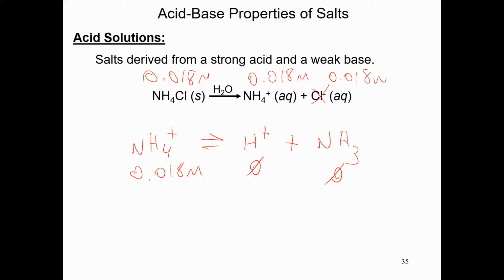You need to be able to recognize that. Because you will have questions sometimes where it says you have a 0.018 molar ammonium chloride solution. What's the pH of it? Okay? And they'll give you a Ka. Or they'll give you a Kb. You got to convert it to the Ka, and you'll be able to find the pH.